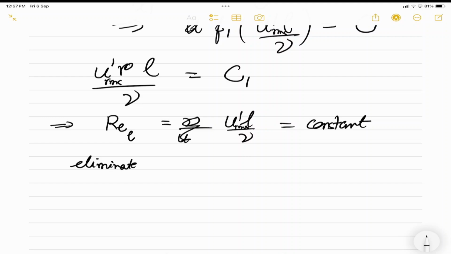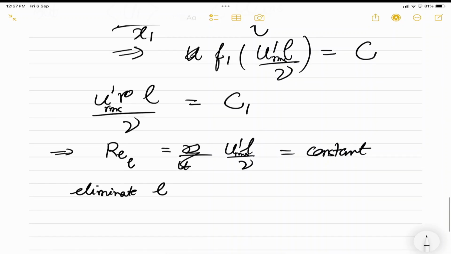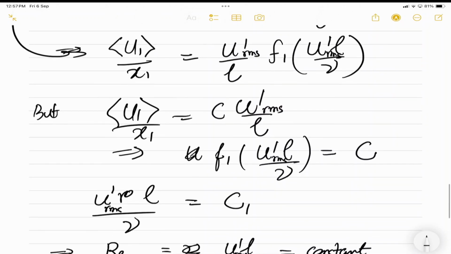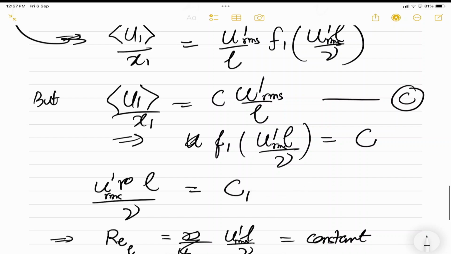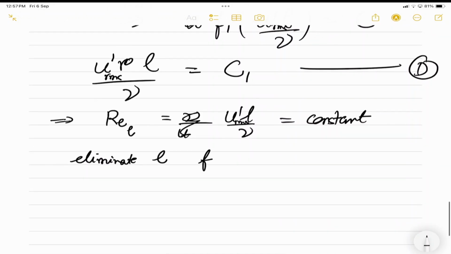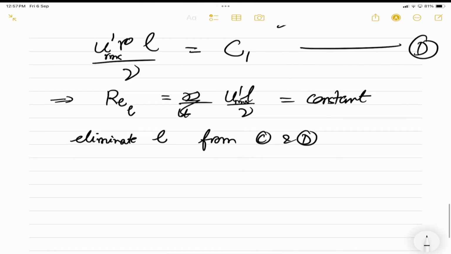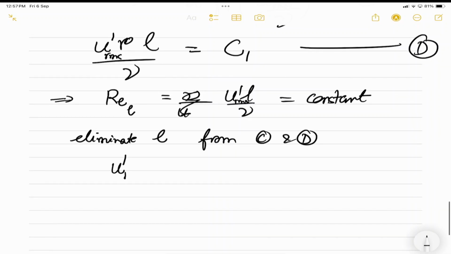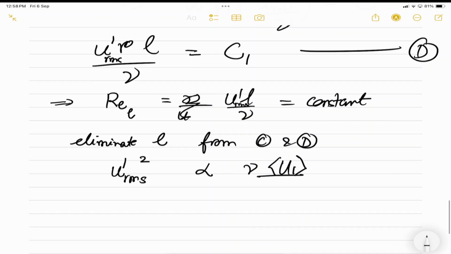So if we eliminate L, now we have this equation, let's call it C, and this is equation D. To eliminate L from C and D, what you will get is U prime RMS squared is proportional to nu times U1 upon x1.